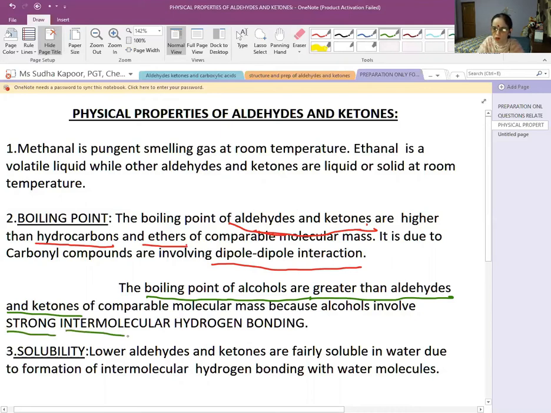We have to write the statement strong intermolecular H bonding, and we can even show it by using the electropositive and electronegative signs. So among aldehydes and ketones, ethers and hydrocarbons, aldehydes and ketones get the higher boiling point because of dipole-dipole interaction. But between alcohols and aldehydes and ketones, the higher boiling point belongs to the alcohol.